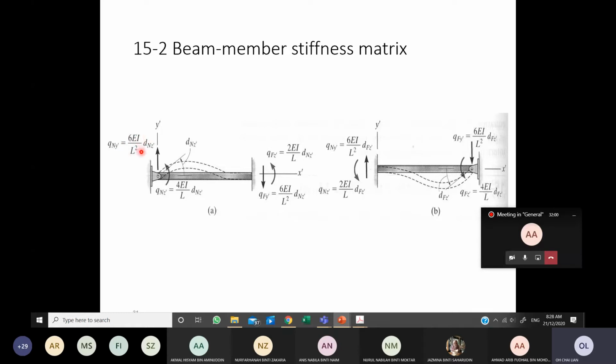And then we have a D. This is a force and displacement relation. And this 6EI over L squared, the information we call a member stiffness matrix, K. So when we gather it, it becomes a complete relation.